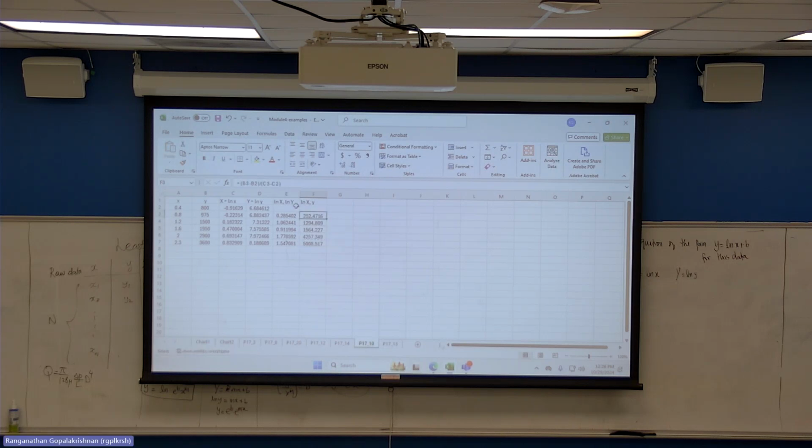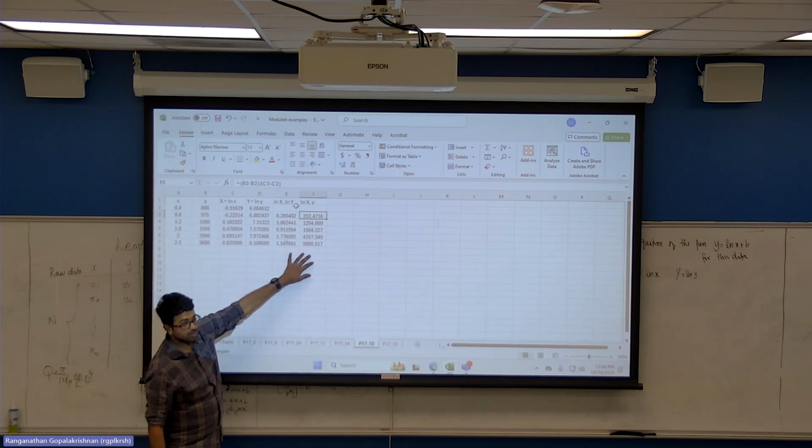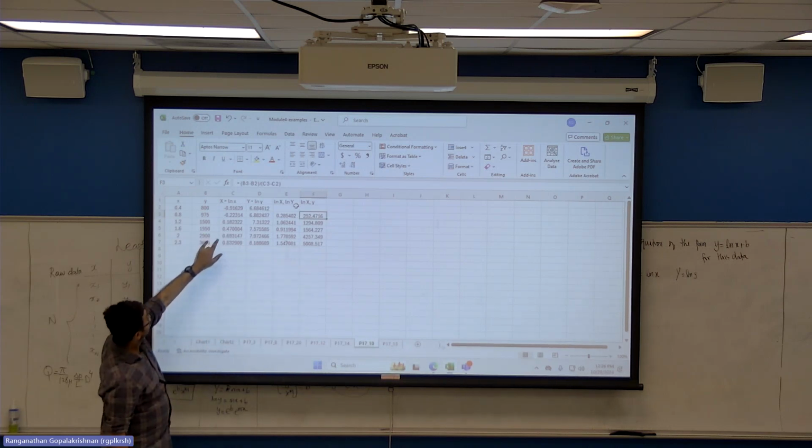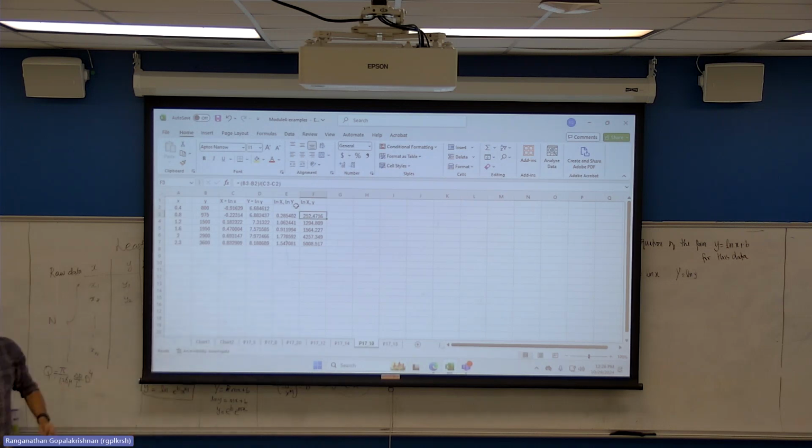This isn't constant either, so the slope between ln X and Y is also not constant. We'll try the one remaining: X and ln Y. So this will be X, ln Y is here.